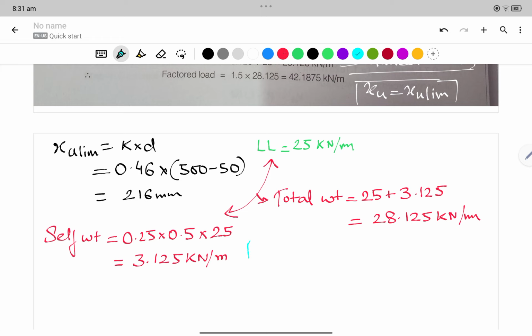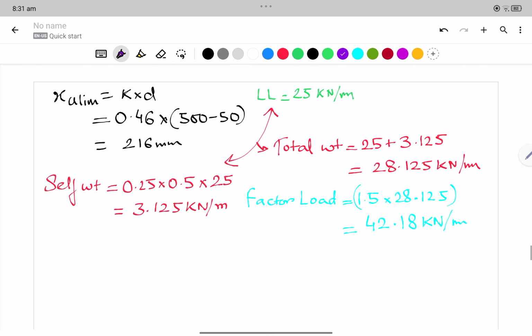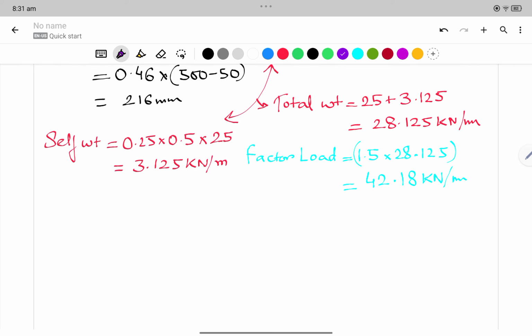As we take a factor of safety, we will calculate now the factored load. The factored load is just 1.5 times the load coming, 1.5 into 28.125, which is equal to 42.18 kilonewton per meter.